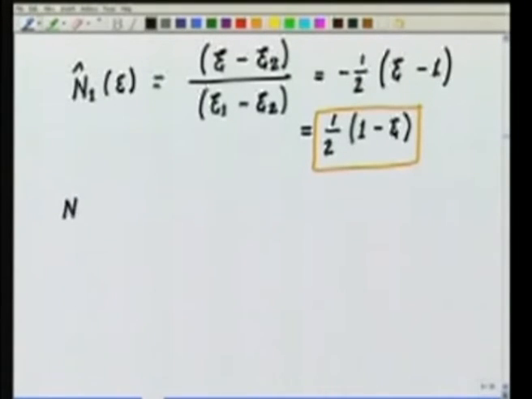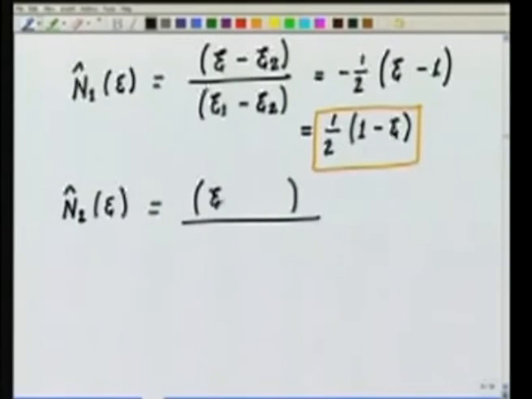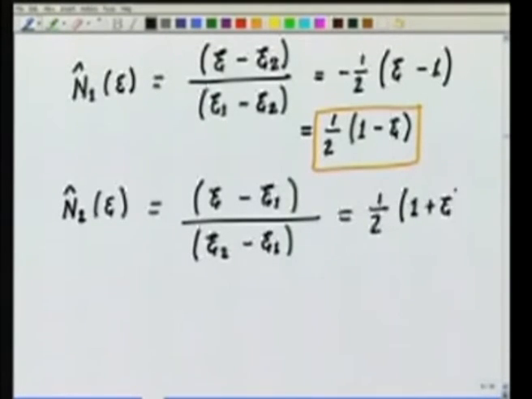Similarly, N2 hat of psi is equal to a linear which vanishes at the point psi 1, psi minus psi 1, and has a value 1 at the point psi 2. Now psi 1 for us is equal to minus 1, and the denominator is equal to 2, so it becomes half of 1 plus psi.